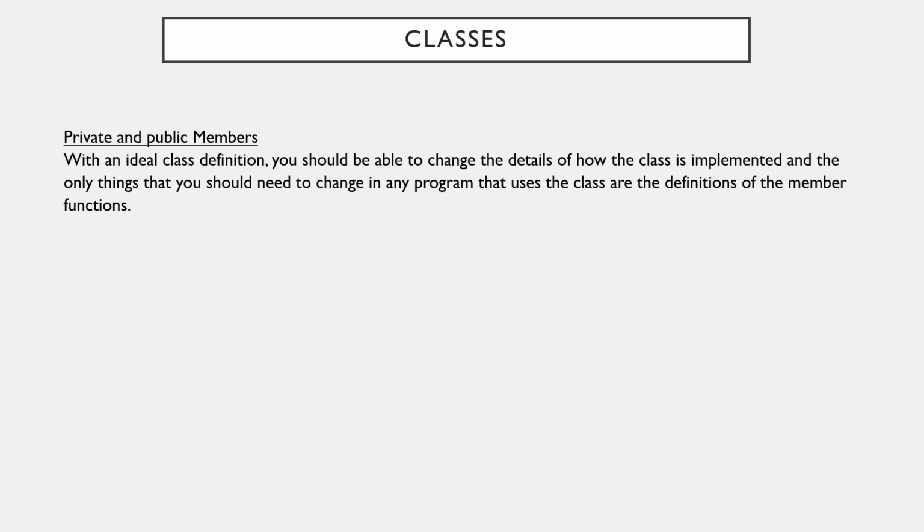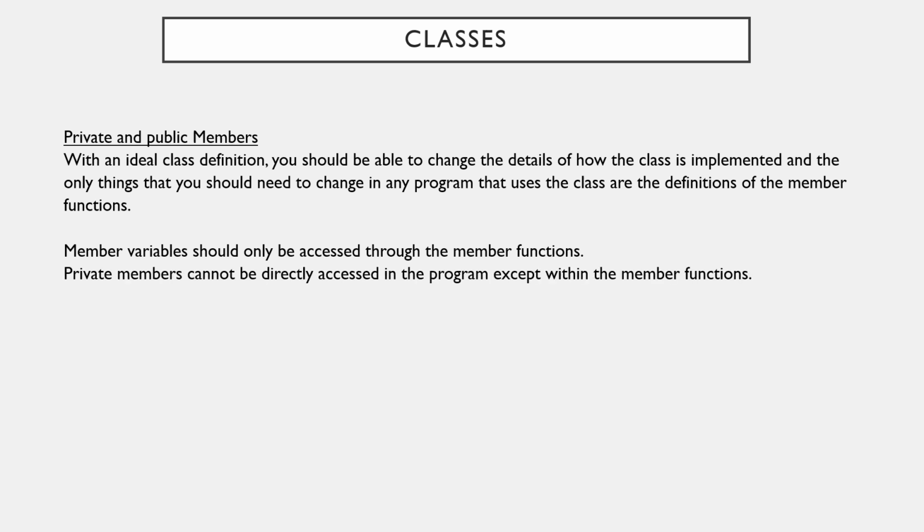You should think of all different kinds of things that you can do and make your data private so that you are in control, so that you can't allow outside manipulation. You only want to access your member variables through your member functions. Sometimes you can use what's called friend functions, and we will see that later in the semester. But if you make all of your data private, then your member functions are going to be the only way that you can access this data.